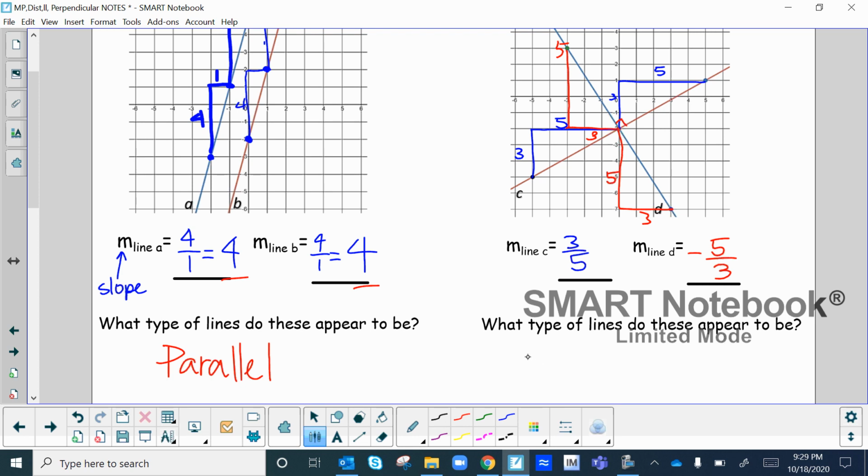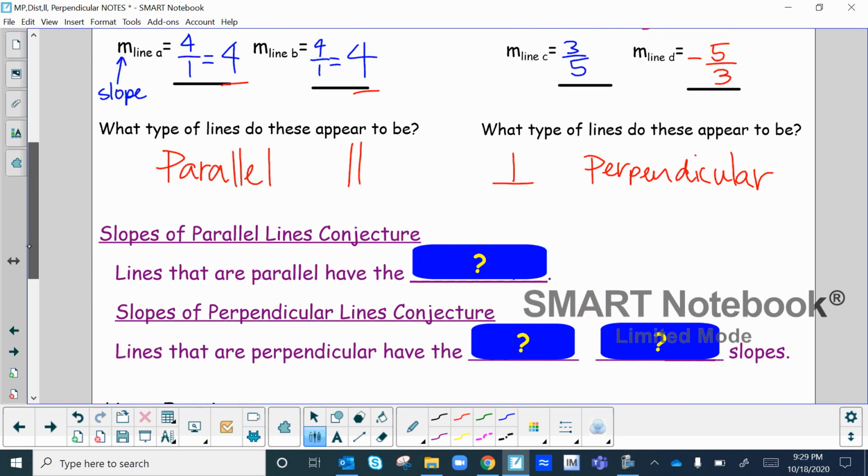So these two appear to be perpendicular. By the way, the parallel symbol is two straight lines like that. This is the perpendicular symbol. I'll write it out as well. Okay, so these two appear to be perpendicular, these appear to be parallel, and in this case, they both are.